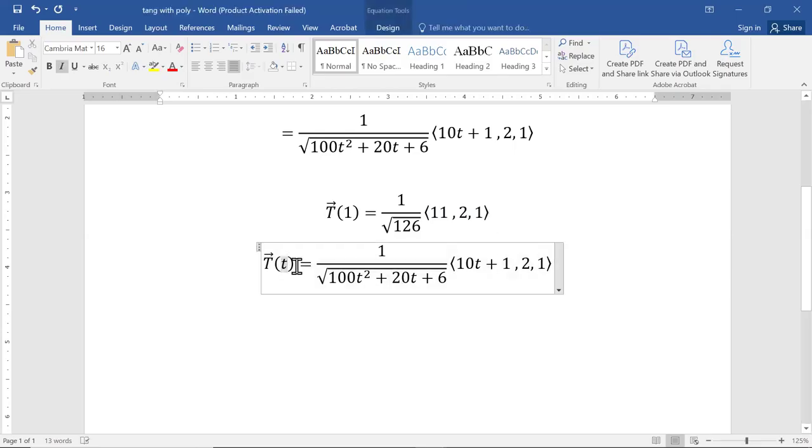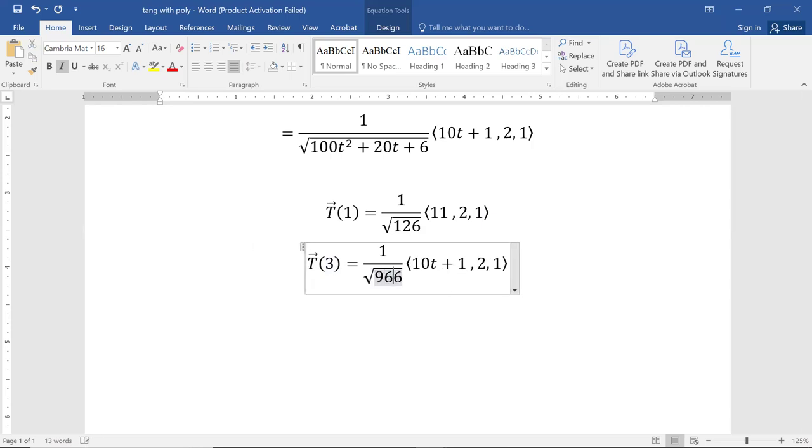If I plug in a 3, what happens is I get 100 times 3 squared plus 20 times 3 plus 6. I get 966 underneath this square root. And then when you plug in a 3 here, 10 times 3 plus 1 is 31.